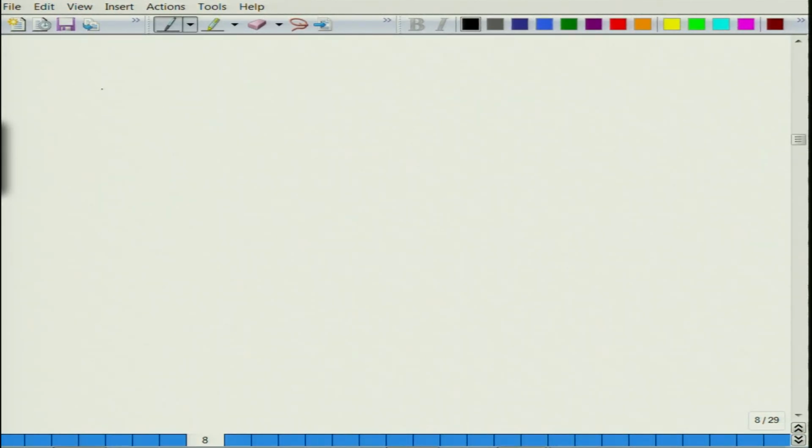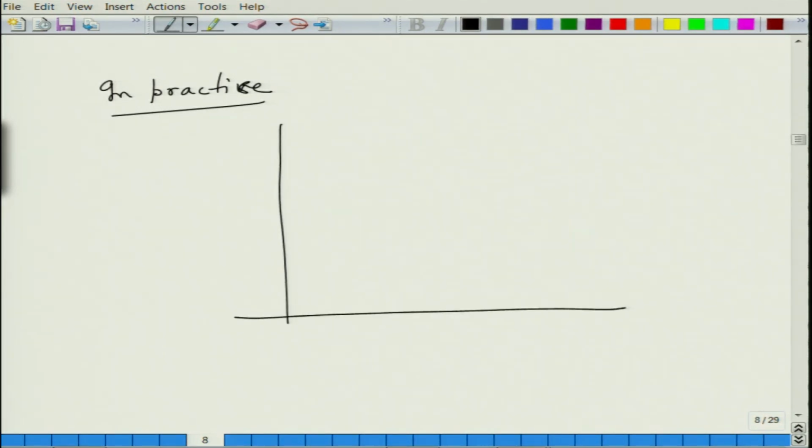In reality, in practice what we obtain is not a square shaped curve, but rather a curve which is more like this. If I plot just the isothermal part first, okay.